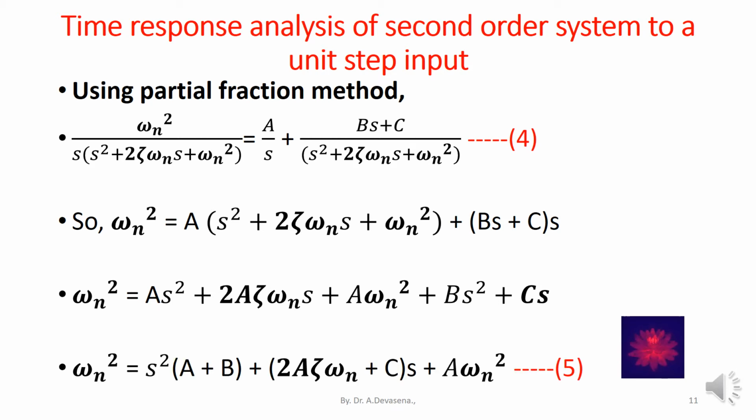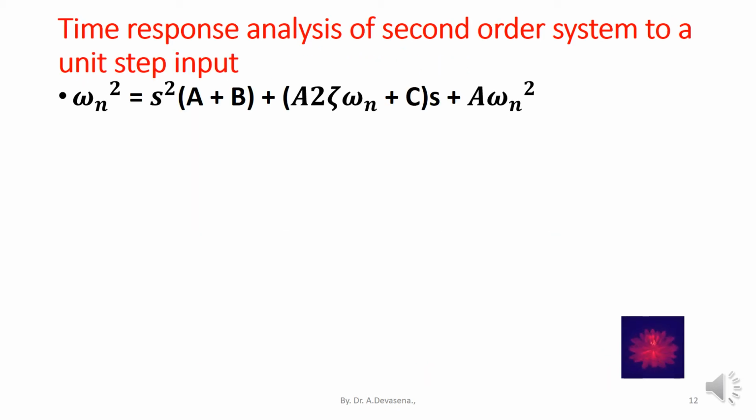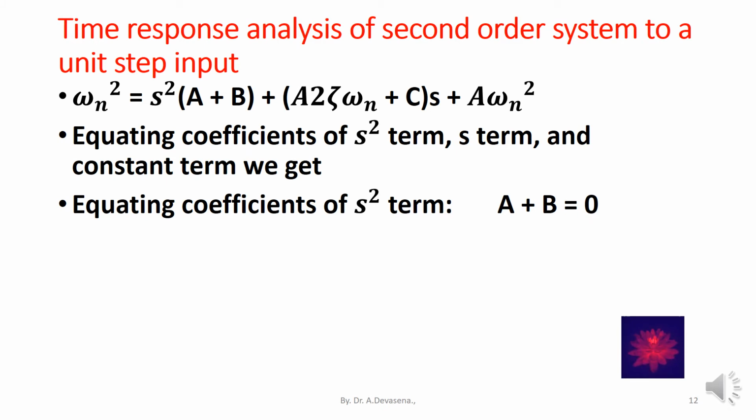So ωn² is equal to s²(A + B) plus (2Aζωn + C)s plus Aωn². Consider this as equation 5. Equating the coefficients of the s² term, the s term and the constant term, we get: for the s² term, A + B is equal to 0.